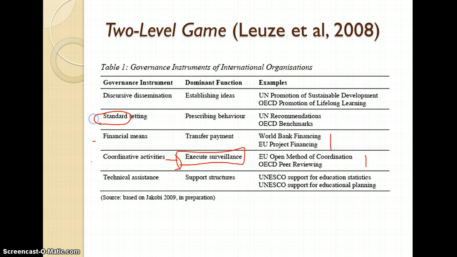Because you've already got the standards here, so you might as well have the accountability here, would be the cynical way of saying it. And then technical assistance, so some sort of support structure that includes, for example, UNESCO's education statistics or planning support. So there are all different ways that these international organizations can actually influence governance or educational decision making at the national level.